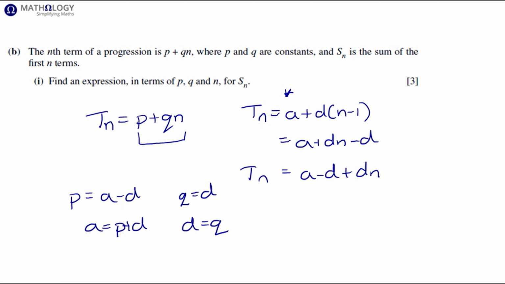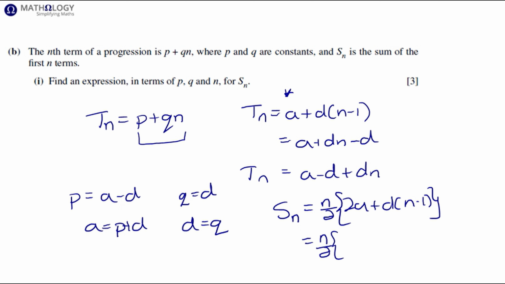We're just writing it in this form because we are going to find an expression for the sum to n terms, which is given as n over 2 times 2a plus d times n minus 1. So that equals n over 2 times 2a. A is p plus d, so it's 2 times p plus d, plus d, which is q, times n minus 1.